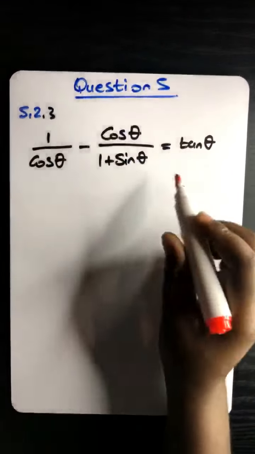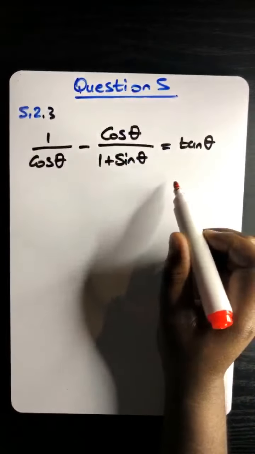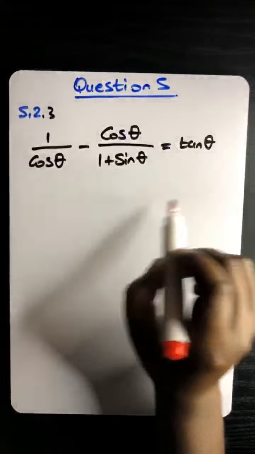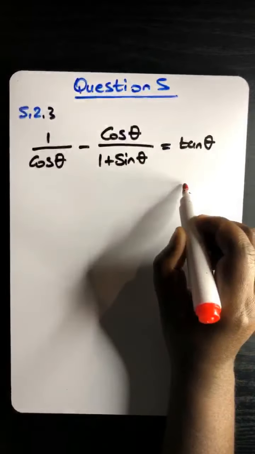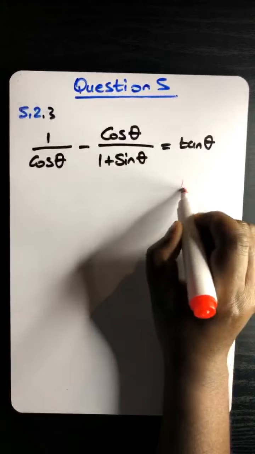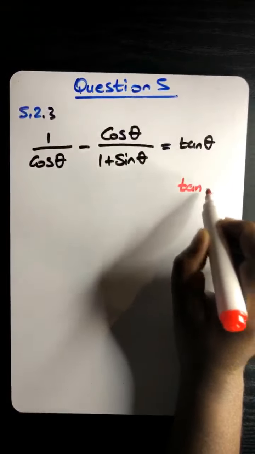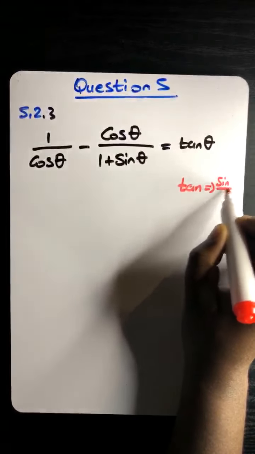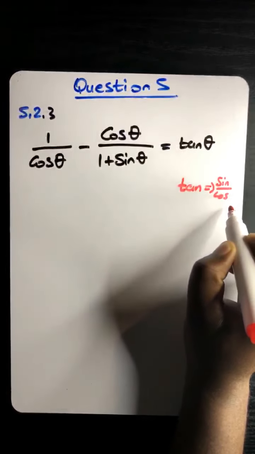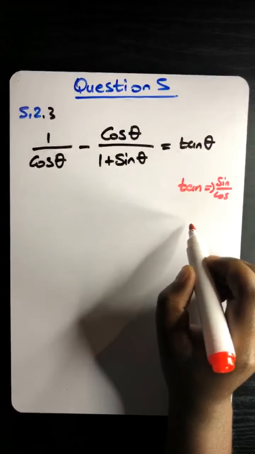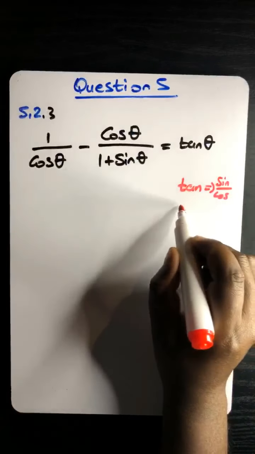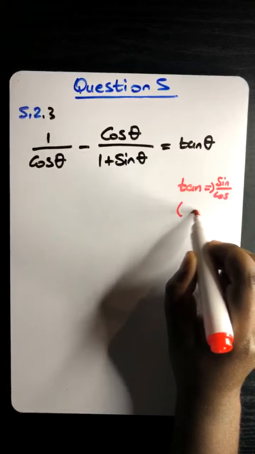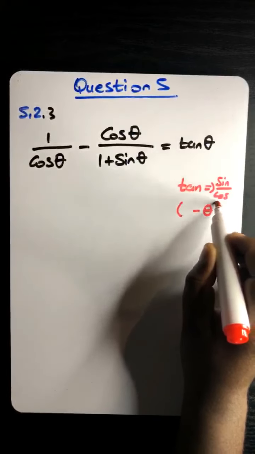I think in yesterday's lesson we said that when you are proving identities, you look for where you have a tan to dissolve it such that it's sine over cos. And you want to reduce when necessary.